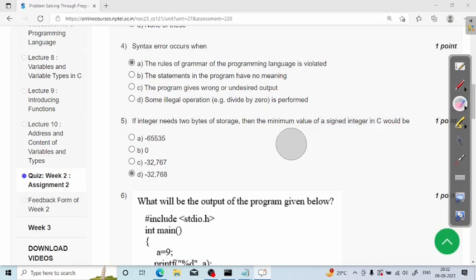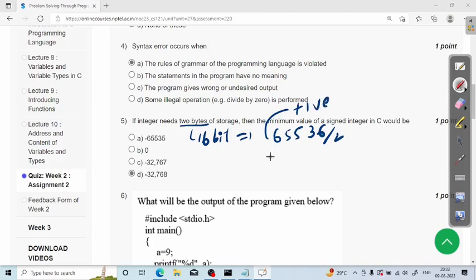So if you take 2 bytes, which is equivalent to 16 bits, the total number of numbers allowed will be 65536. If you divide this by 2, because half will be taken by the positive numbers and half will be taken by the negative numbers.